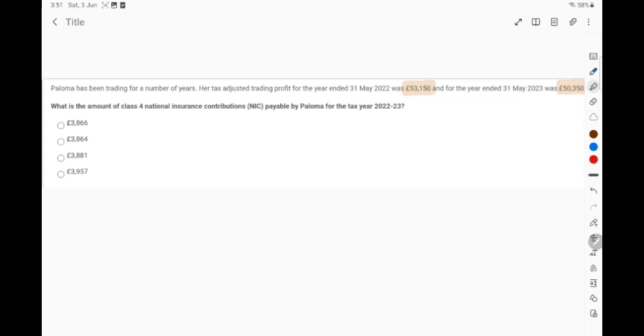Here we have to recognize the tax year 22-23 for which we have to calculate the NIC contribution. Remember that the year ended on 31st May 22 lies in the tax year 22-23. So we have to consider the income of 53,150 as per rule.